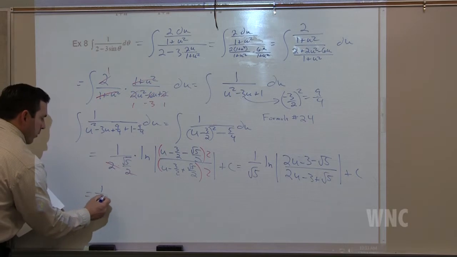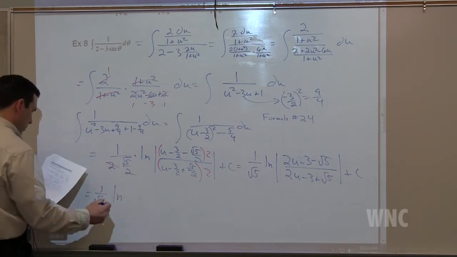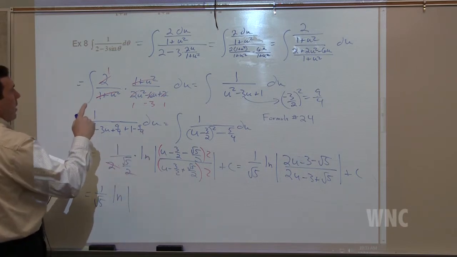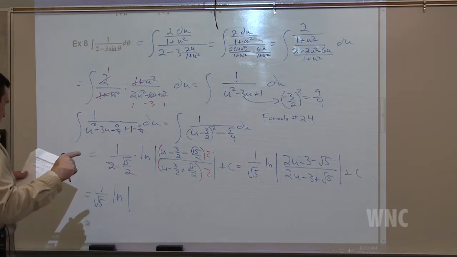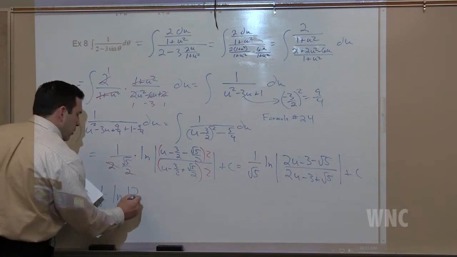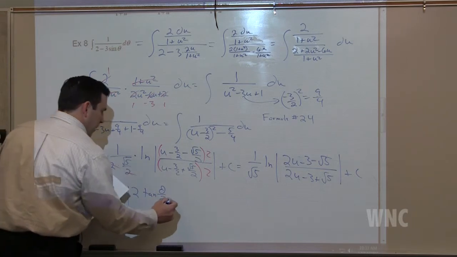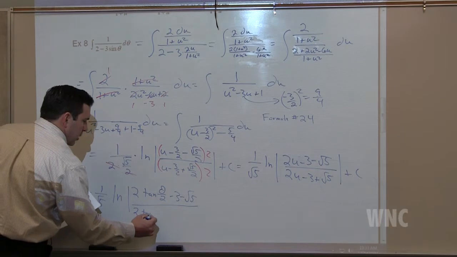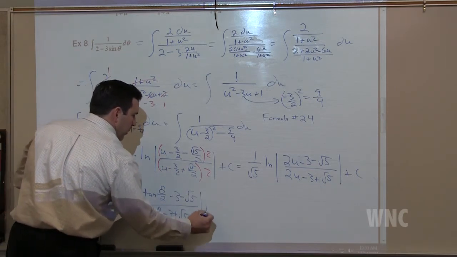So that's 1 over the square root of 5 times the natural log of the absolute value of, now we're going to substitute back for u. U is the tangent of theta over 2. So that's 2 tangent theta over 2 minus 3 minus the square root of 5 over 2 tangent theta over 2 minus 3 plus the square root of 5 plus c.